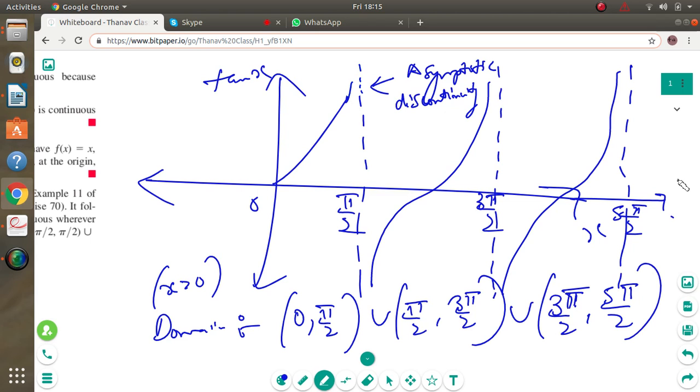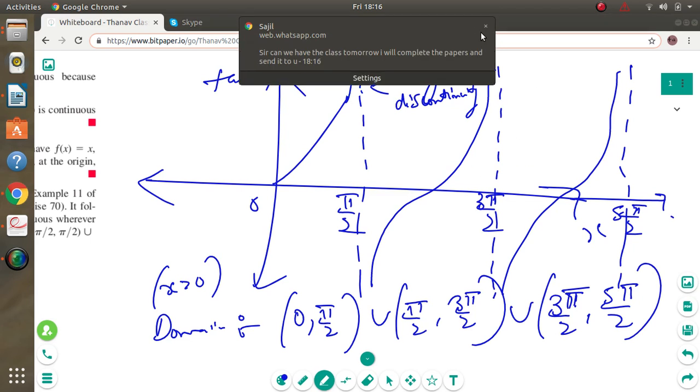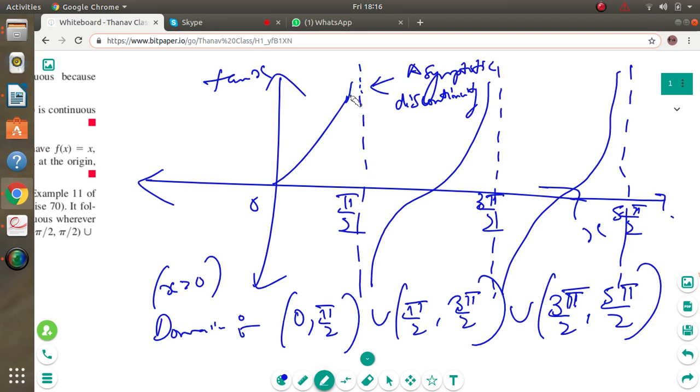Can you repeat your question? Because you can see this diagram on the right side. Now, if this is going towards minus infinity on both sides, you can say the limit at x equals 0 is minus infinity, right?